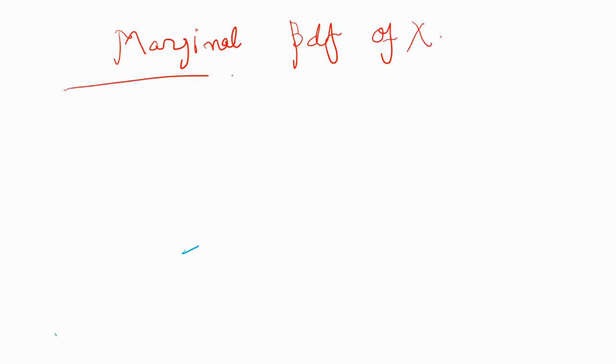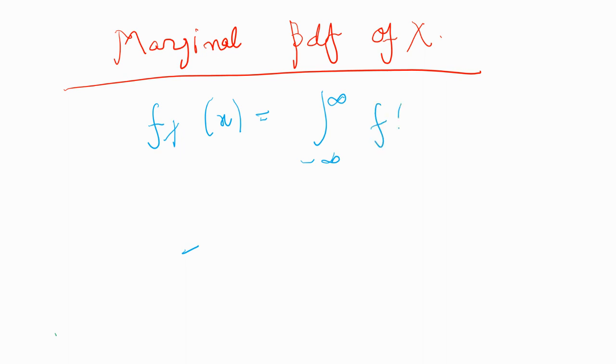Next you have the marginal PDF of x. Marginal PDF of x means we want to find this f_X. So f_X will be the integral from -infinity to infinity of f_XY dy.